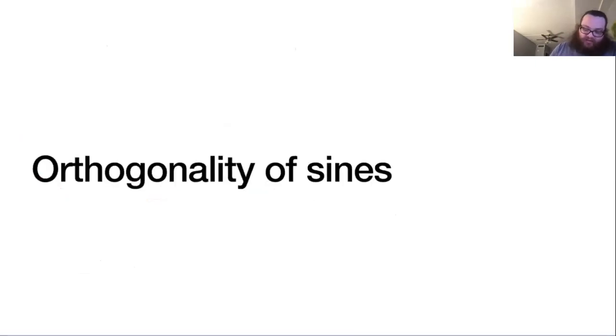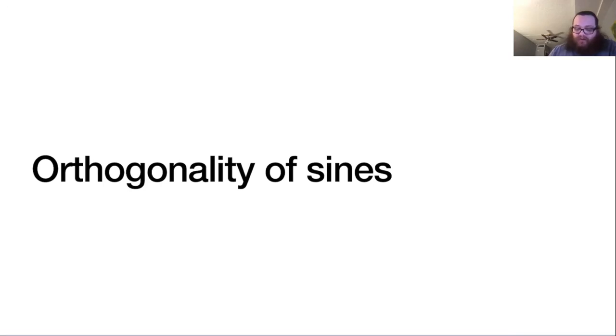And so that's going to get back to this very geometric way of thinking about vectors, especially where the vectors of interest are functions themselves, right? And so what we're going to be talking about is this notion of orthogonality.